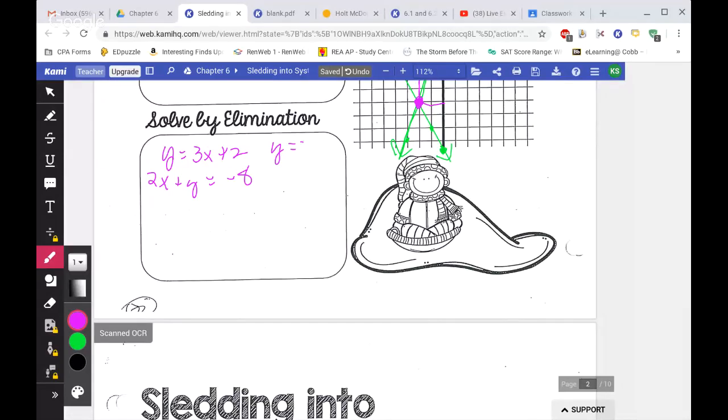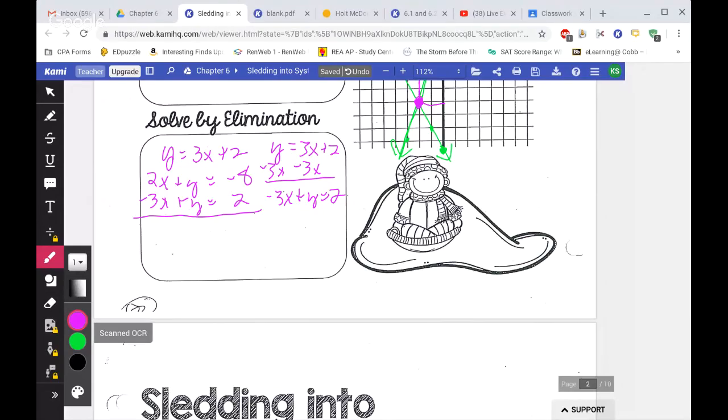So this one, in order to get it in standard form, you would have to subtract 3x from both sides. So I have negative 3x plus y equals 2. And then 2x plus y equals negative 8, negative 3x plus y equals 2.